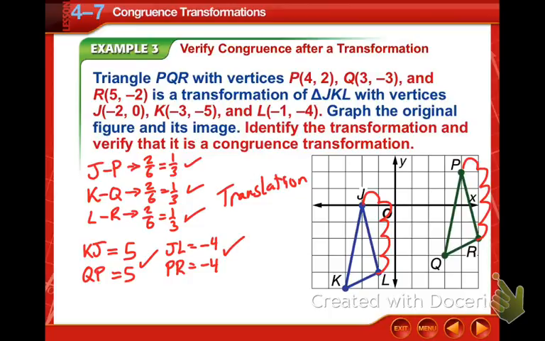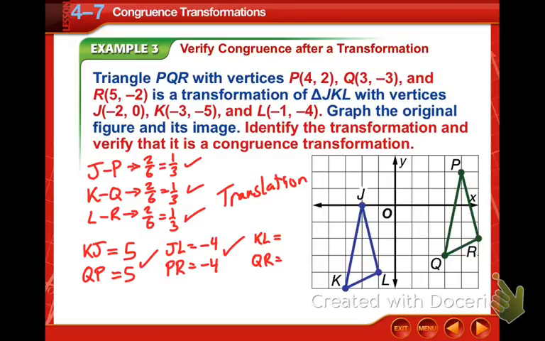Then our last pair is just going to be KL and QR. Believe it or not, what I'm doing is actually a lot less work than what we really need to do.